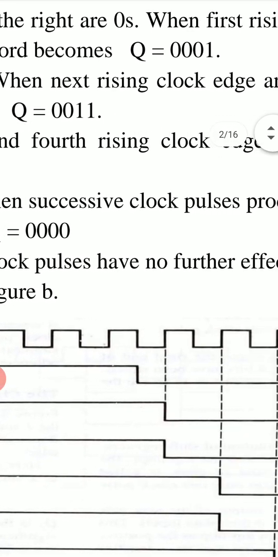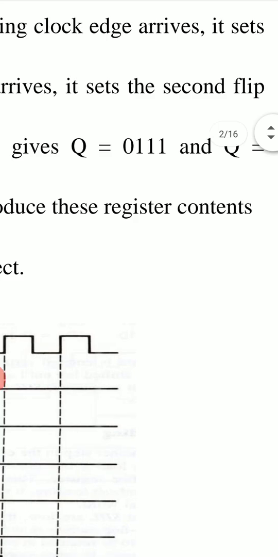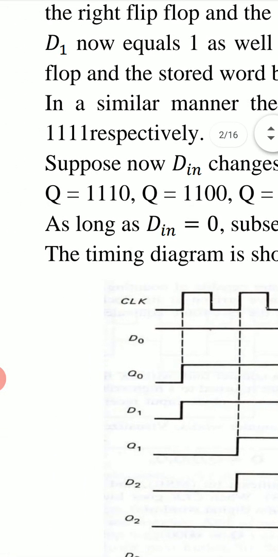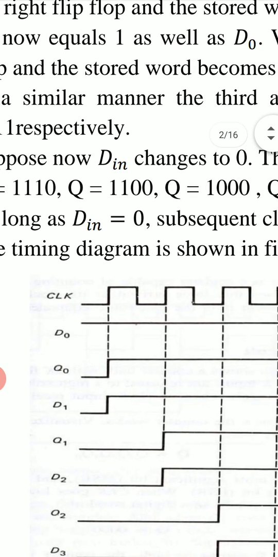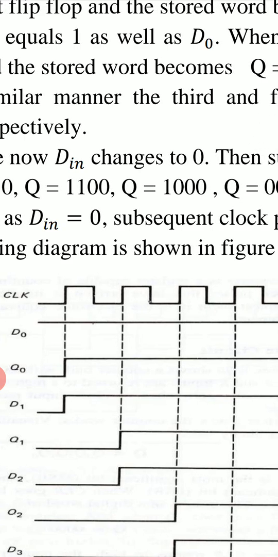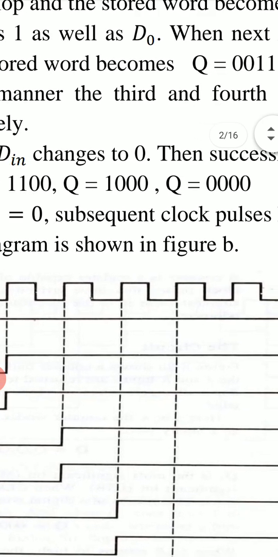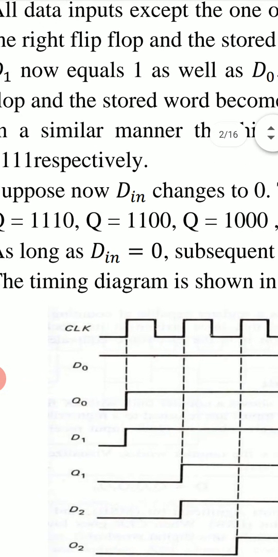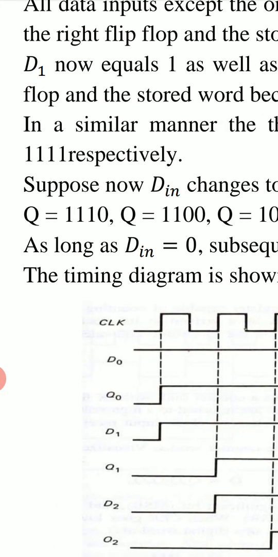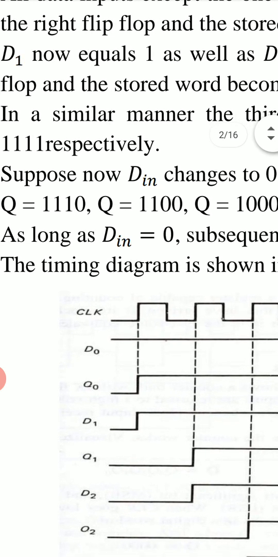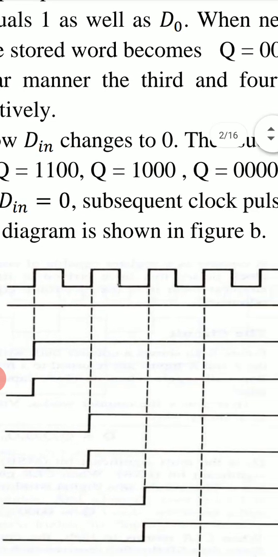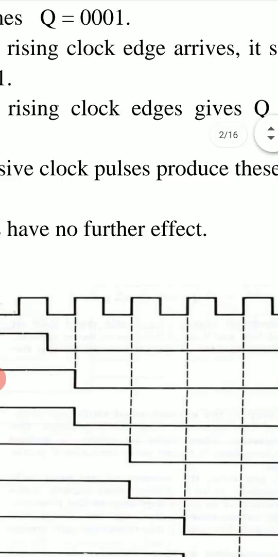Then successive clock pulses produce these register contents. This word 1, 1, 1, 1 changes to 1, 1, 1, 0 because the D input is now 0. The next positive clock edge produces 1, 1, 0, 0, then 1, 0, 0, 0, then 0, 0, 0, 0. In this way, this 0 bit will shift towards the left. As long as D in is 0, subsequent clock pulses have no further effect.